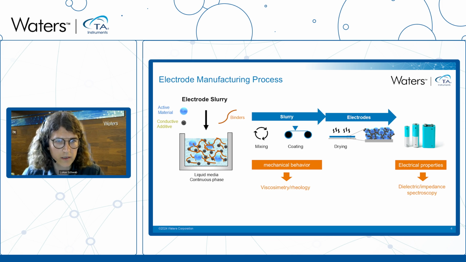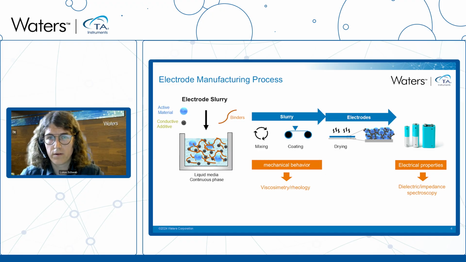We mix them together and bring them to the coating area, where a thin layer of this slurry is coated on the metal collector. Then we put the electrodes to the drying and have our final electrode, which is then assembled into the different cells, packs, and then the final modules.